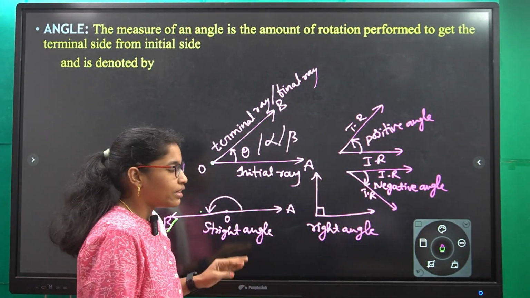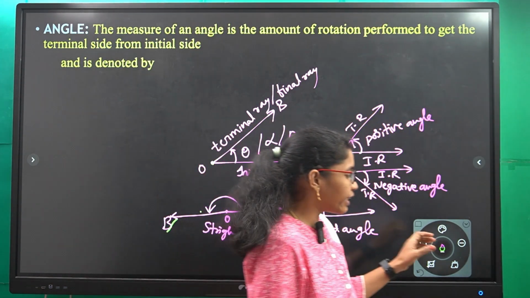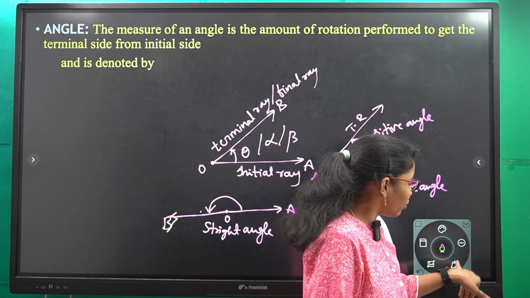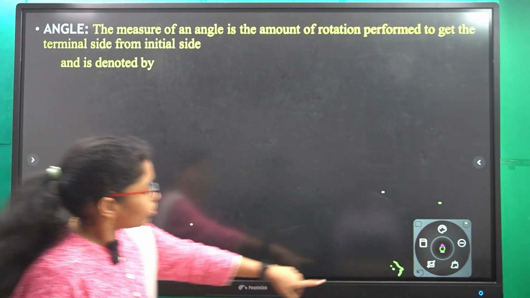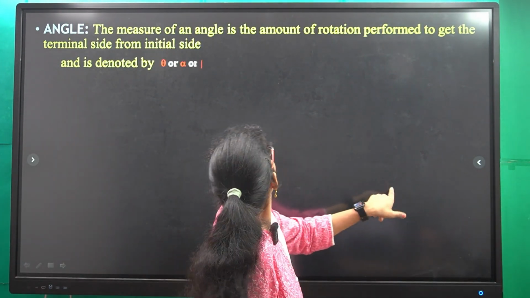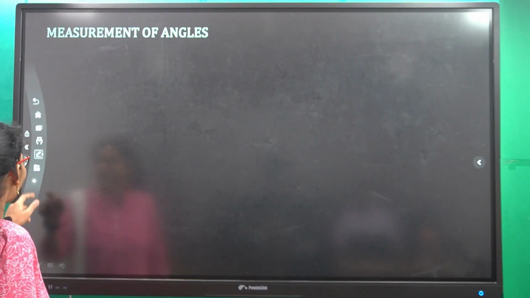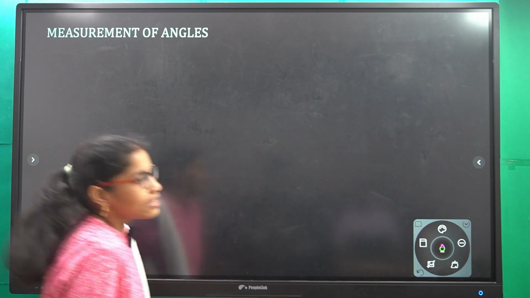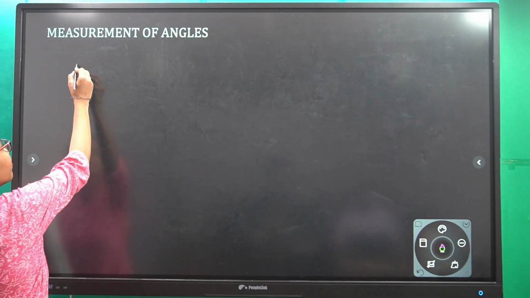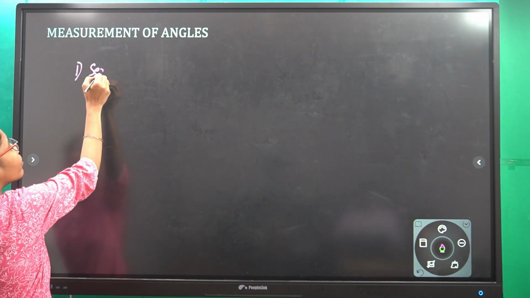So how can I measure this angle? We have different types of systems to measure angles. Mainly there are three types. The first one is the sexagesimal system.